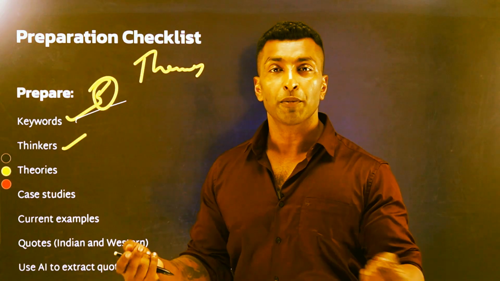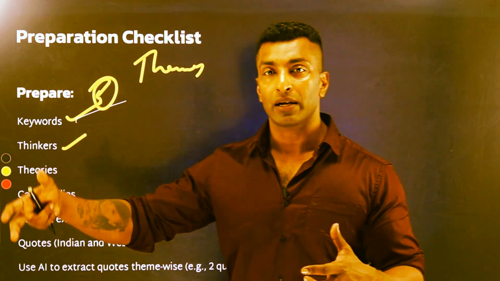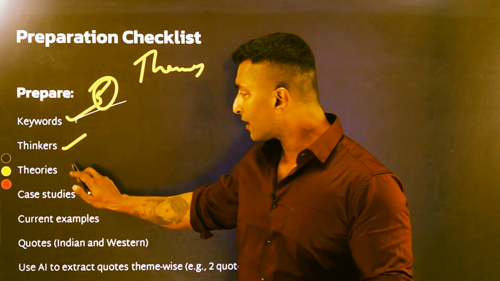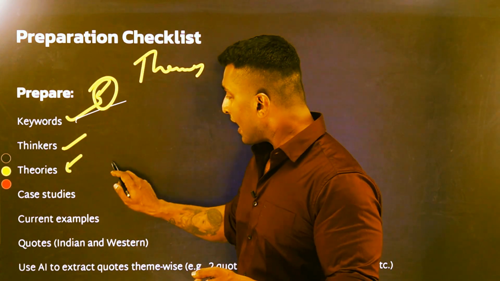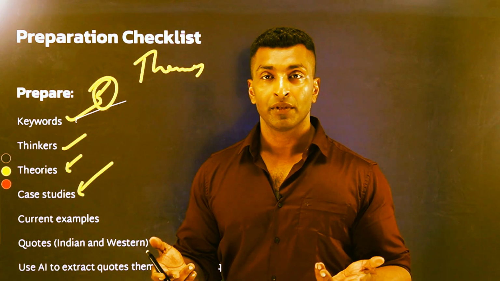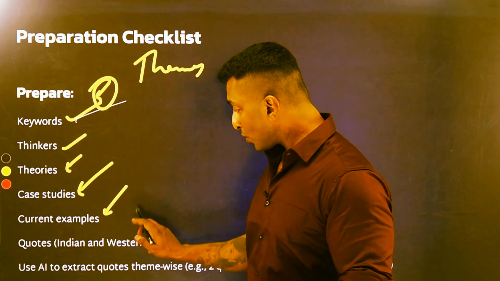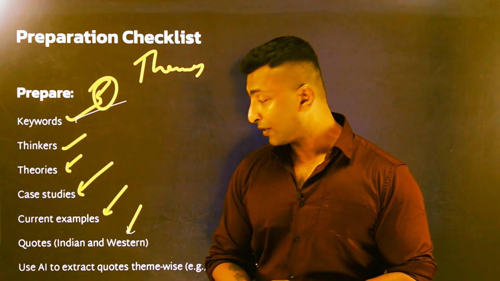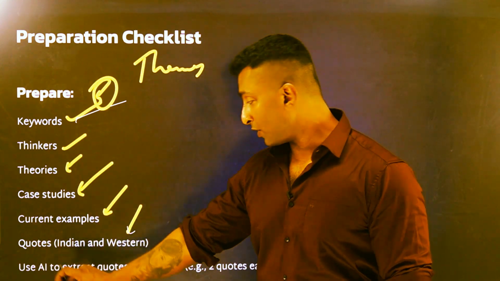You can get a couple of thinkers for each of these topics. Again, if you do not have that background, then use ChatGPT. And then a couple of important theories or perspectives from thinkers you can get, and the recent case studies regarding that. Okay, and then the current examples, then quotes, Indian and Western if required. So for this, you can use technology smartly.